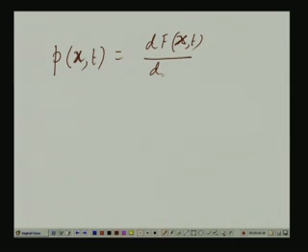In fact, for correctness, I would put a partial derivative, because it is a function of two variables. This is a probability density function.